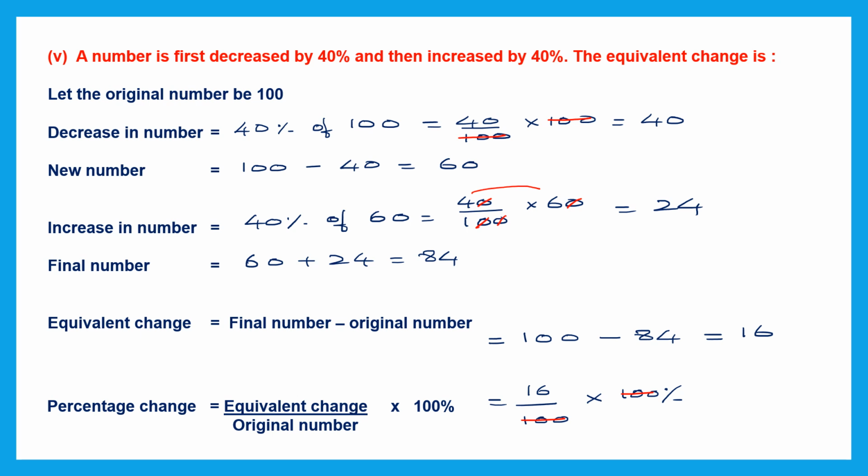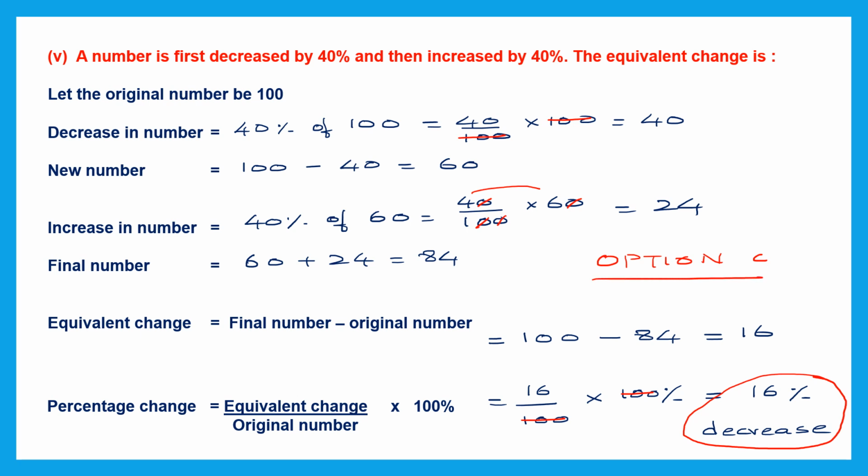So what is left is only 16%. And this has been a decrease of 16%. So from 100, it has now come to 84, and the decrease is 16 and the decrease percent is 16%. And that is option C. So you have to check this. Option C is our final answer here.